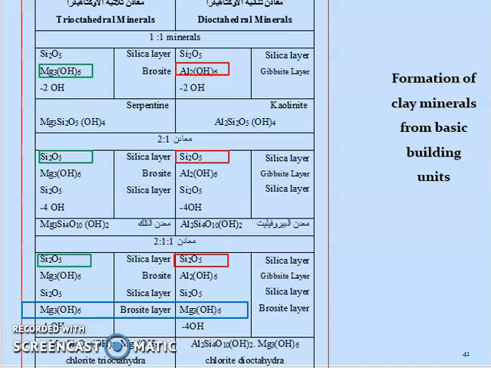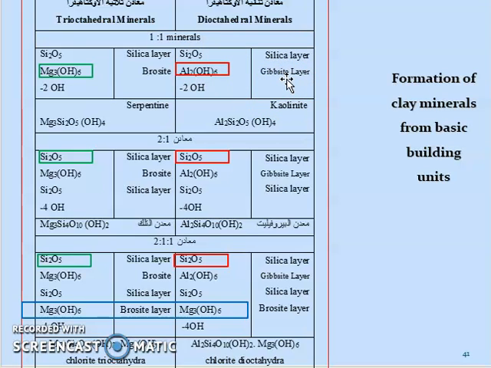So if we would like to know the formation of clay minerals from a basic building unit, I told you that the basic building units of clay minerals are the silica layer, the gibbsite layer, and the brucite layer. The silica layer has a chemical composition of Si2O5 because it is considered a phyllosilicate.